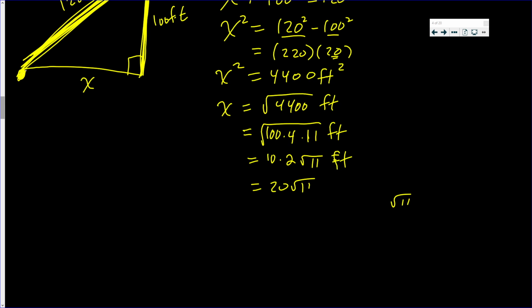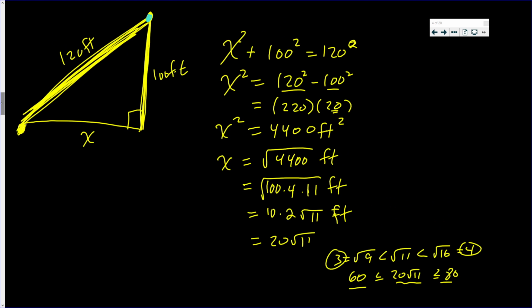Now, the square root of 11, as I just said, is between the square root of 9 and the square root of 16. That is, it's between 3 and 4. If I multiply by 20, I have to multiply those numbers by 20. That is, what I know for sure is this is between 60 and 80, which makes me happier because it's less than 120.